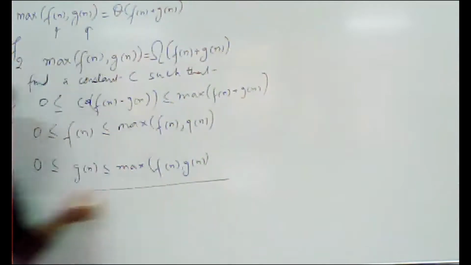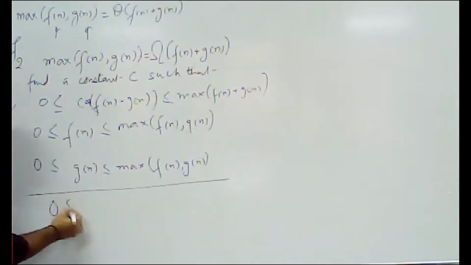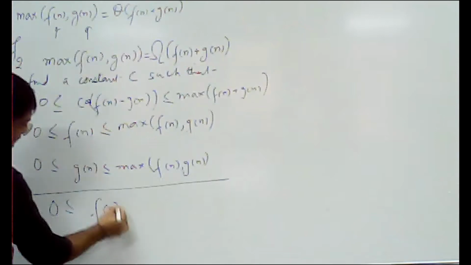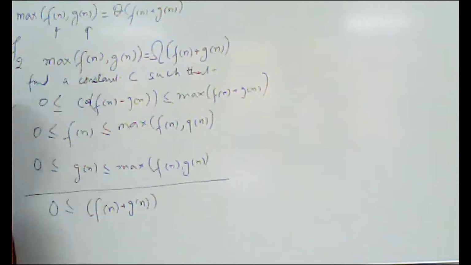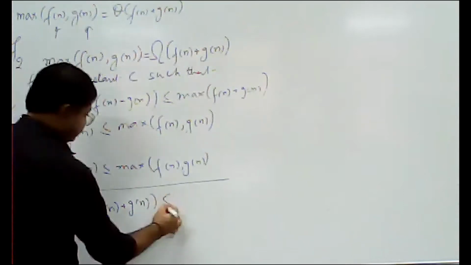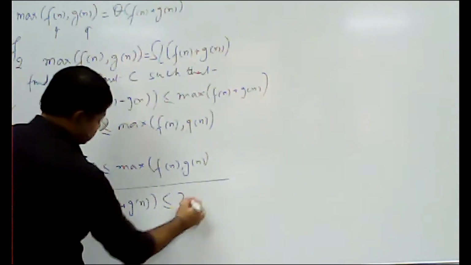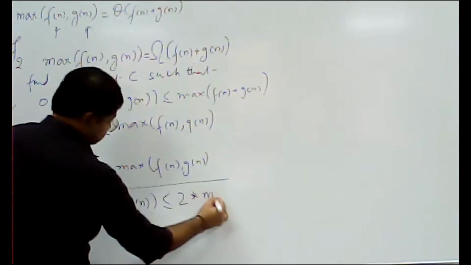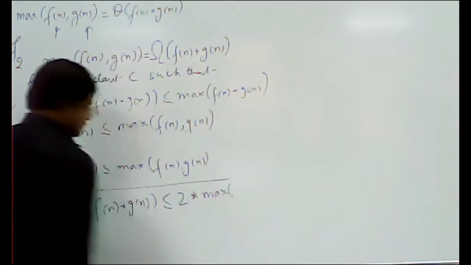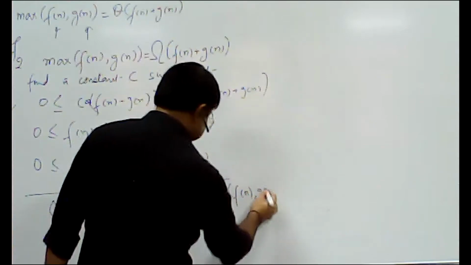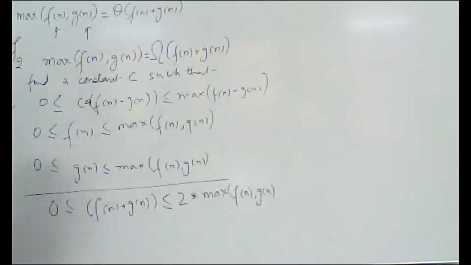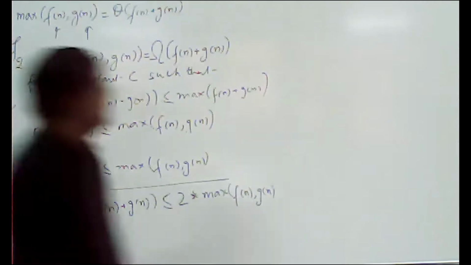So we'll add these two inequalities. If you add these, what will you get? Fn plus Gn is less than or equal to two into max of Fn and Gn.